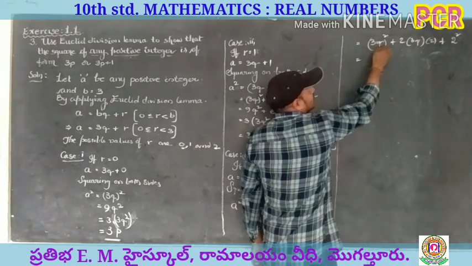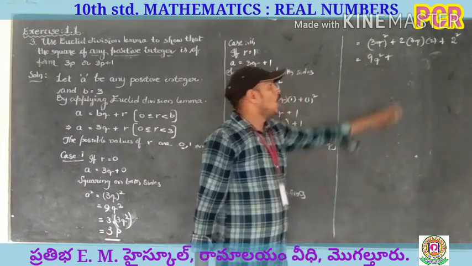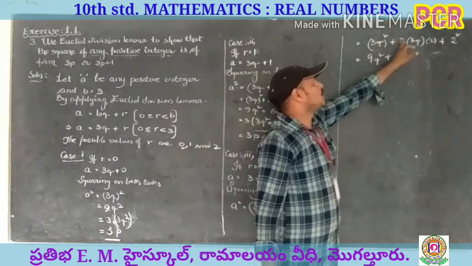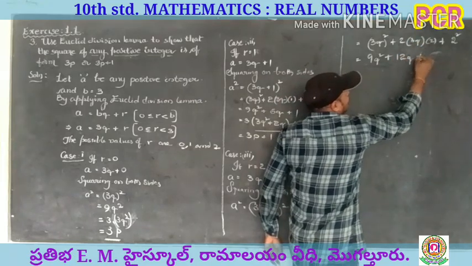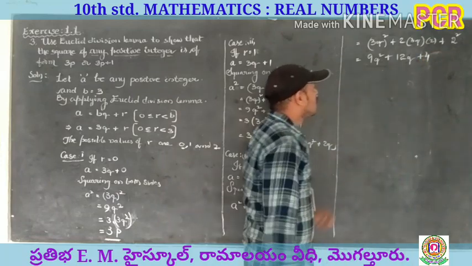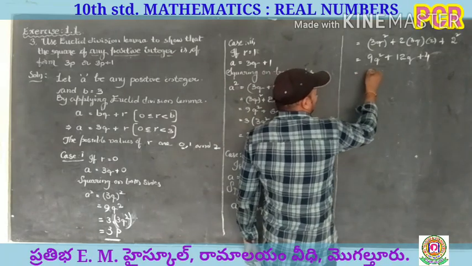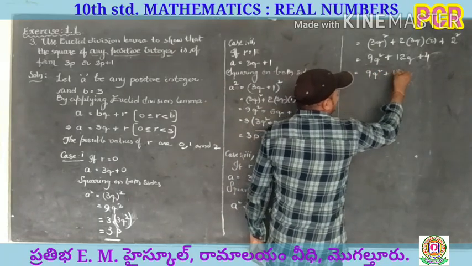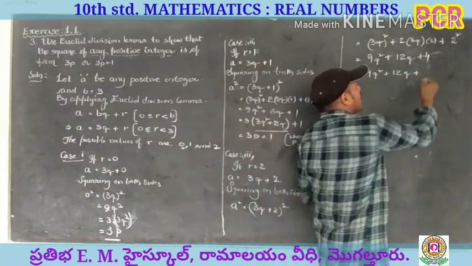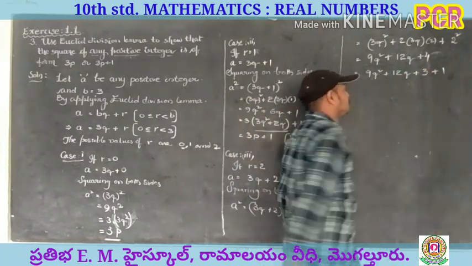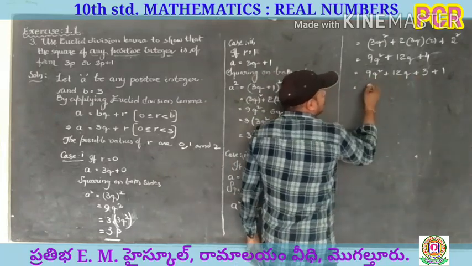That is equal to (3q) whole square means 9q square, plus 2 into 3, 2 threes are 6, 6 twos are 12q, plus 2 twos are 4. Now we can write it as 9q square plus 12q plus, for convenience, I can write this 4 as 3 plus 1, to write the multiple of 3.